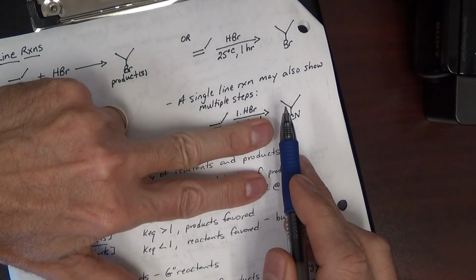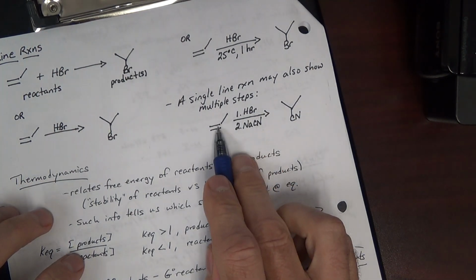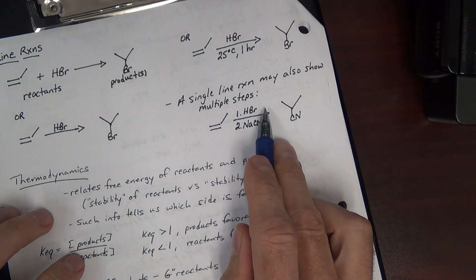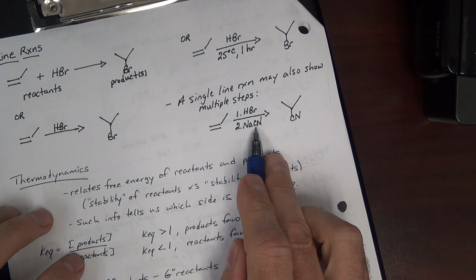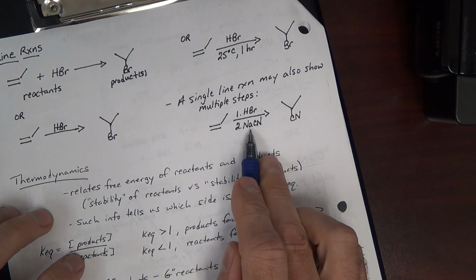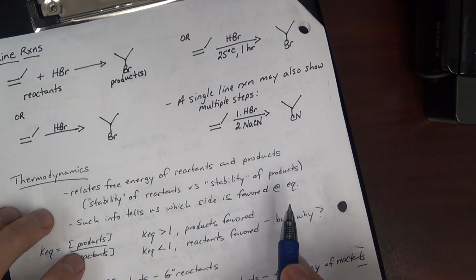Okay? Ignore the 2. That is not included. After reaction with HBr, you have some type of product. That product is then reacted with sodium cyanide in a second separate reaction to give the product shown.